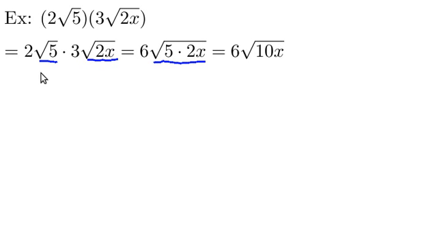Okay, so now we have multiplied these two expressions together, and that's what we were originally told to do, is to take 2 root 5 times 3 root 2x, and we ended up with 6 times root 10x.